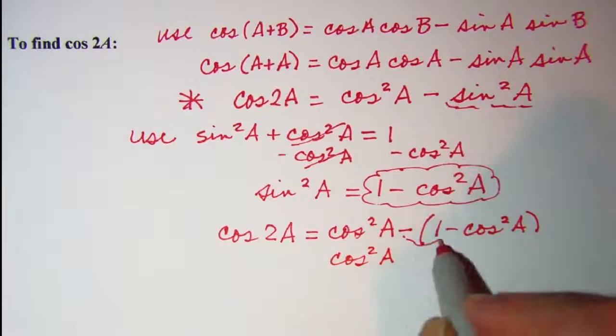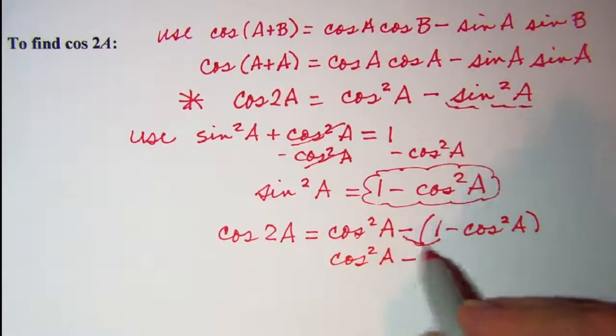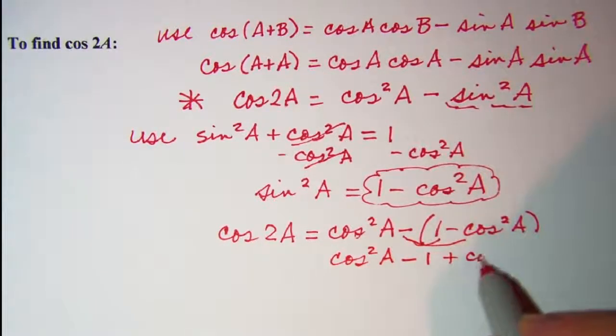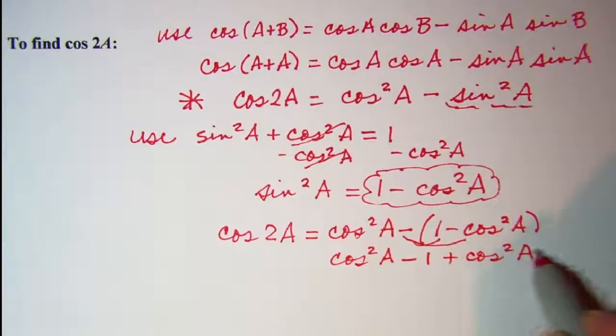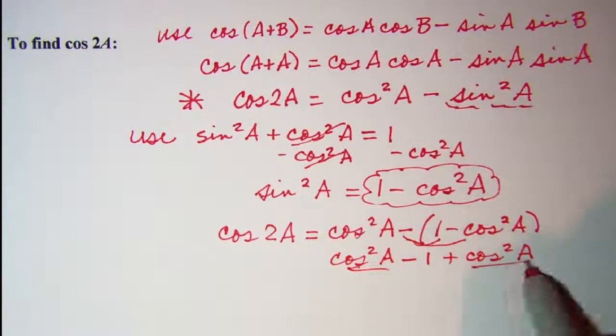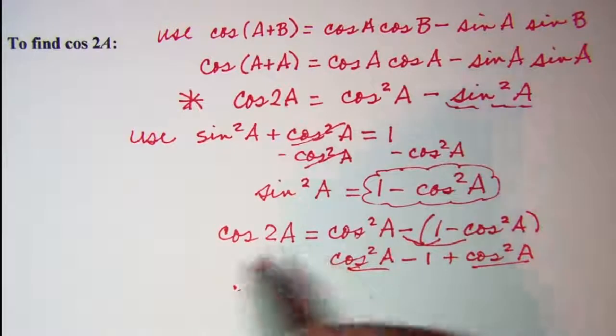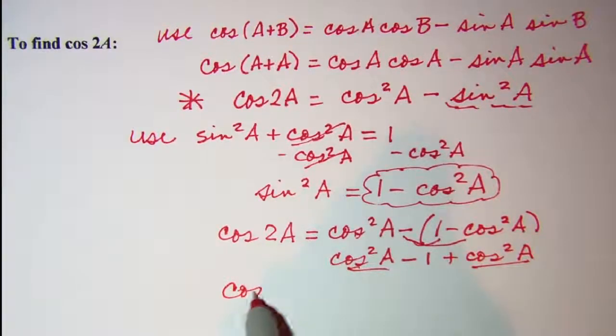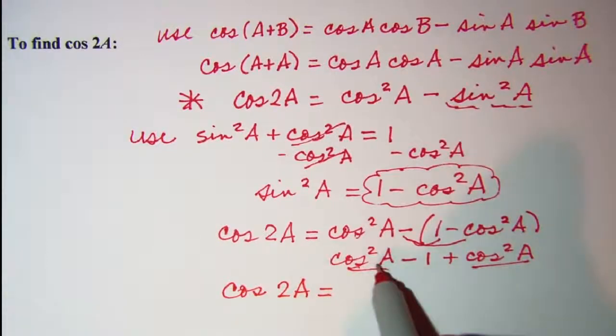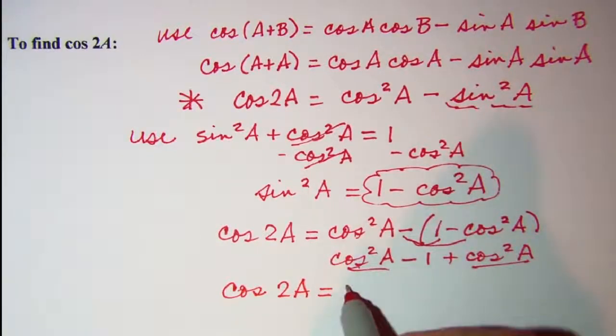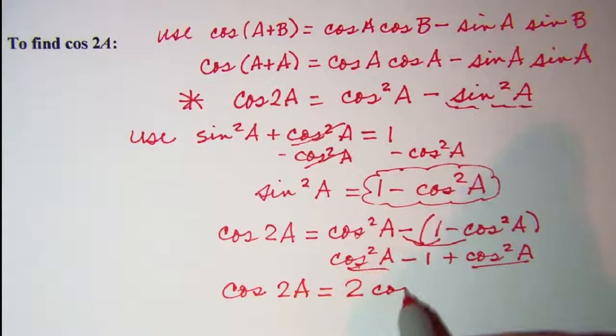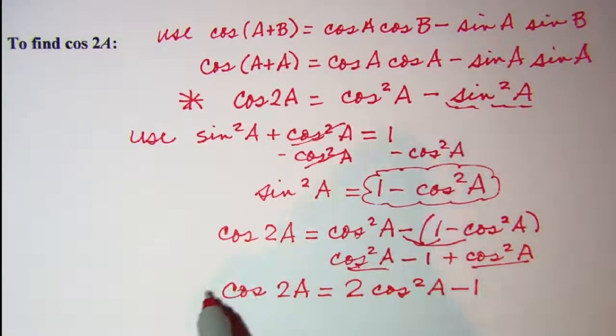This will be minus 1 and a plus cosine squared a. So putting these two together, I get my next identity, cosine 2a is equal to 2 cosine squared a minus 1. So this is another one.